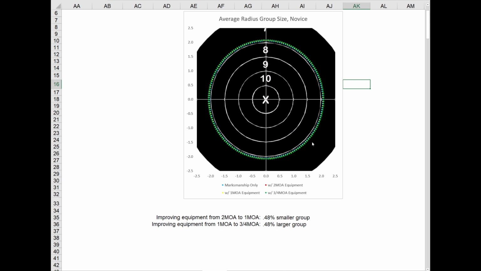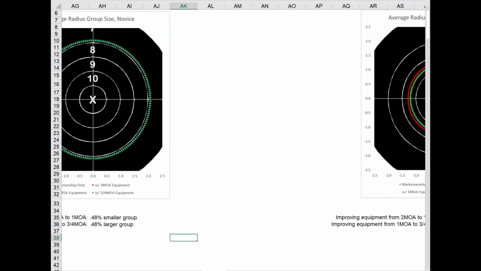And again, you can see that because all these groups are averaging about the same size, regardless of equipment. And so the novice shooter is basically getting results based on his marksmanship skills, regardless of the equipment they're using. All right, so that's the novice shooter. Let's move on to the intermediate shooter.